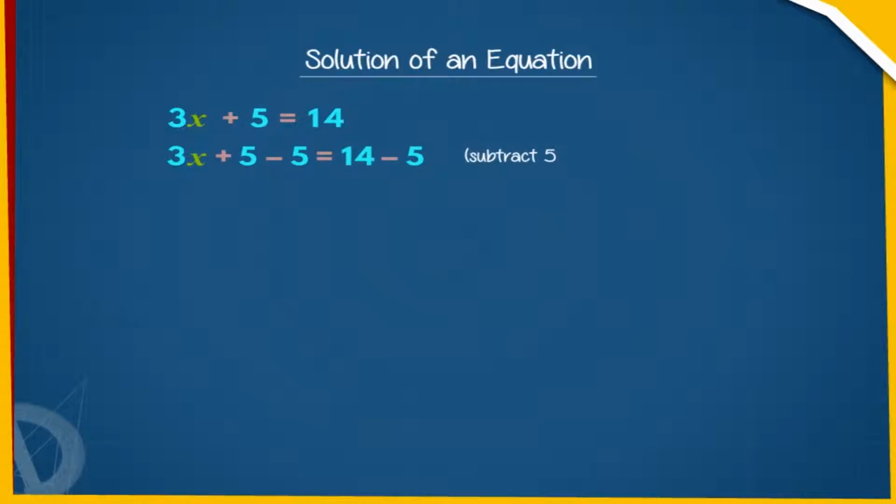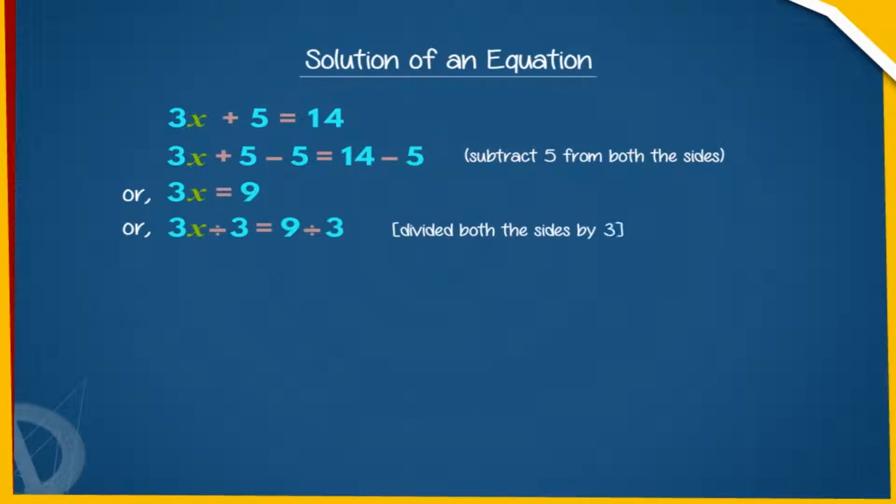Subtract 5 from both the sides, or 3x equal to 9, or 3x divided by 3 equal to 9 divided by 3. Divide both the sides by 3, or x is equal to 3. So the value of x is 3.